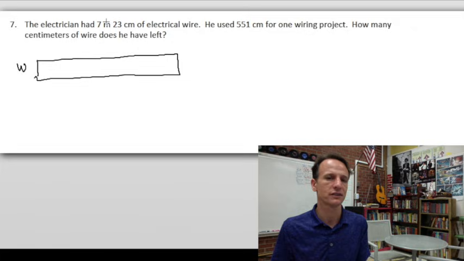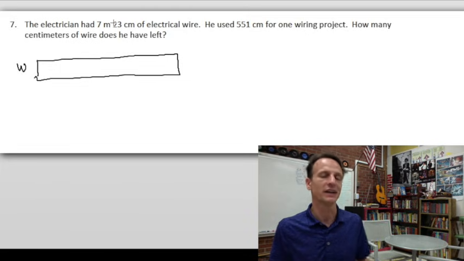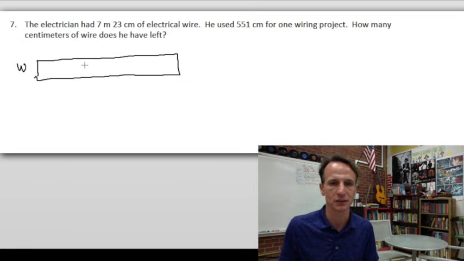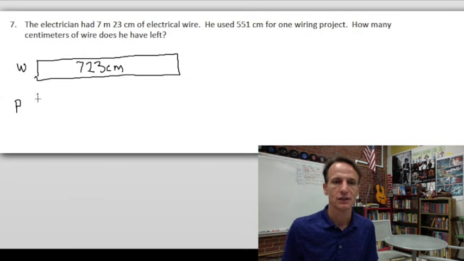So 7 meters is, right, you got 700 centimeters. With these 23 centimeters is 723 centimeters. Good.